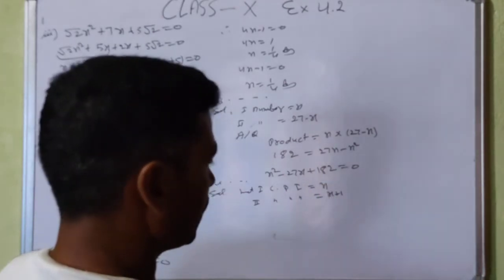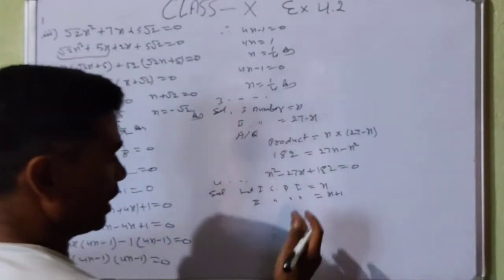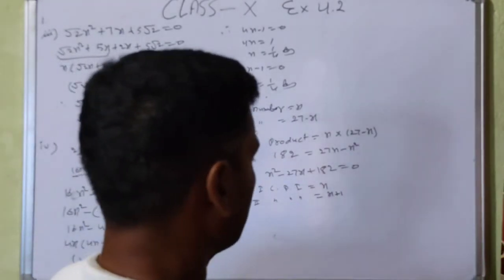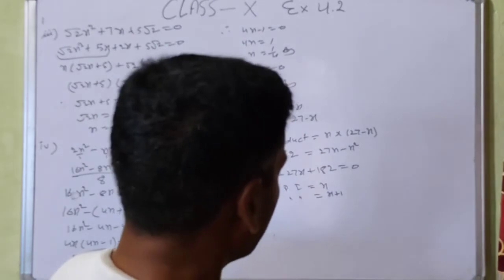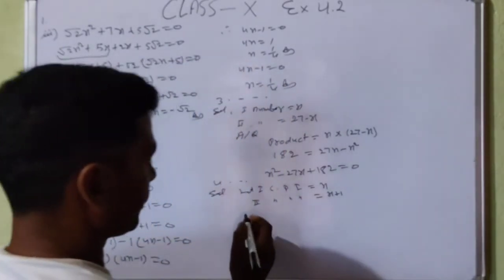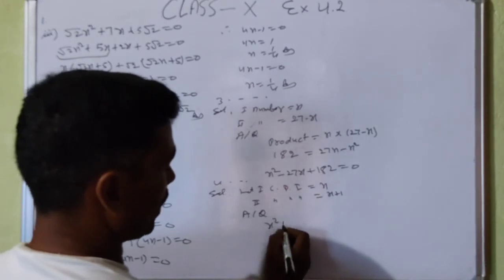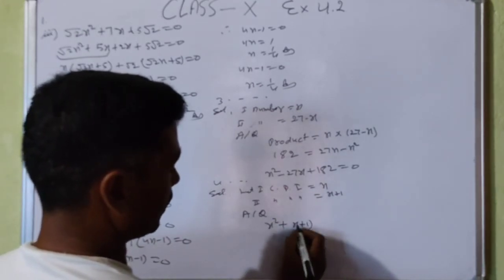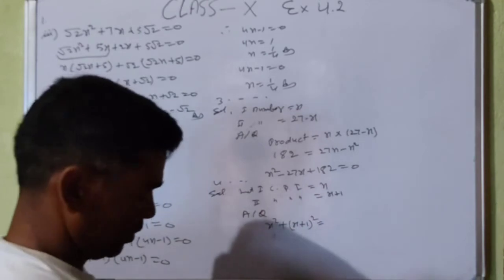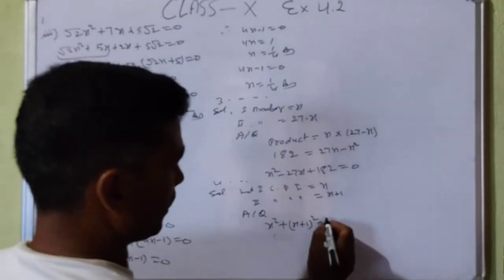You know that just after a number, like if the first number is 10, then the second number will be 11. According to the question, the sum of whose squares is 365.